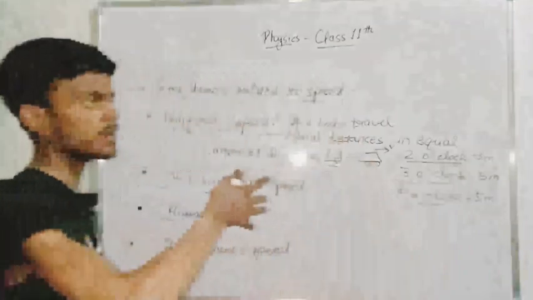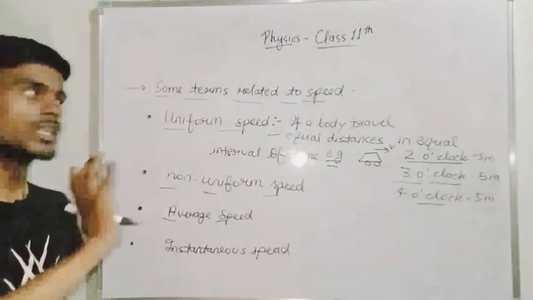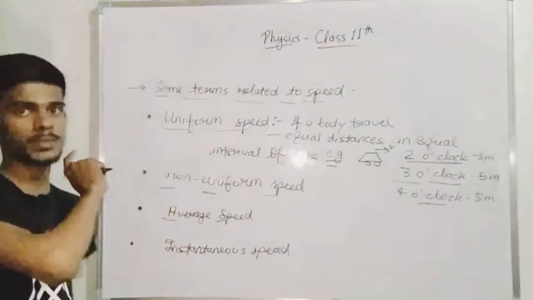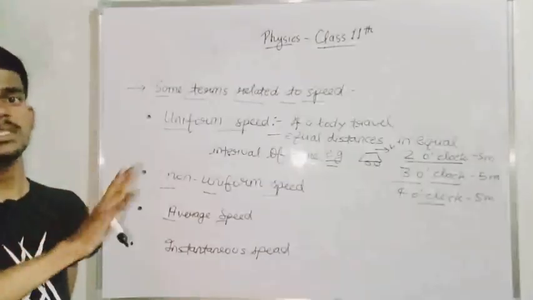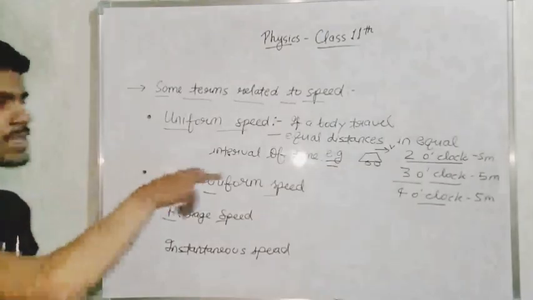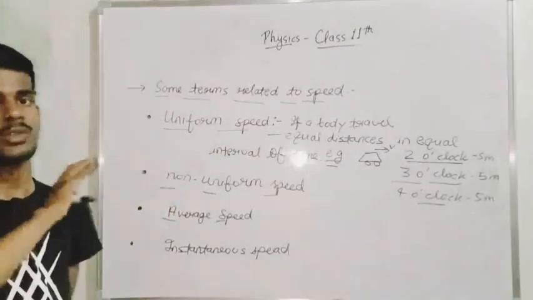After every 1 hour the body travels 5 meters, so the body is said to be at a uniform speed, because it has equal speed. That body is said to be in the state of uniform speed.